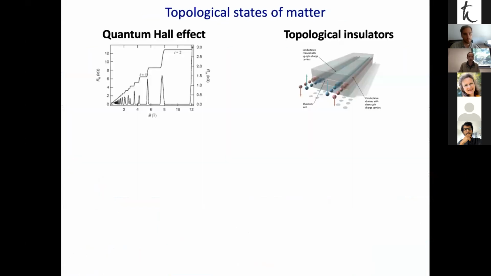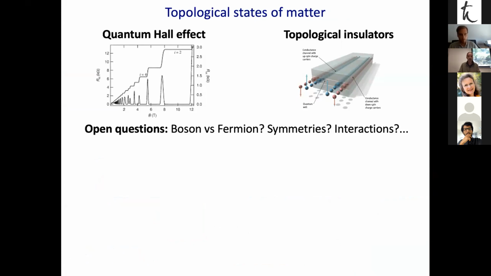Okay, so I don't think I need to motivate too much the fact that exploring topology is interesting. I mean, this is something that you see occurring when you want to describe the quantum Hall effect, when you want to describe topological insulators. And despite the fact people have been looking at that for quite some time now, there are still a lot of open questions. For example, when you go to the interacting case, is there a difference between bosons and fermions?